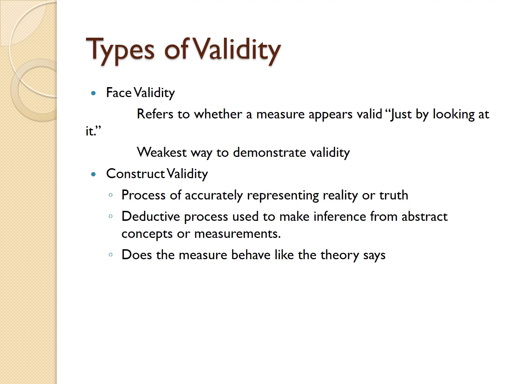The next is construct validity. The term construct validity could be misleading, because it often makes people think of how an experiment is physically constructed or designed, but it is a little different.